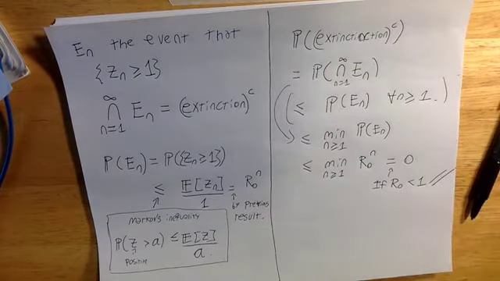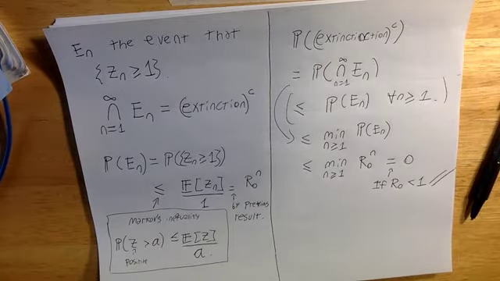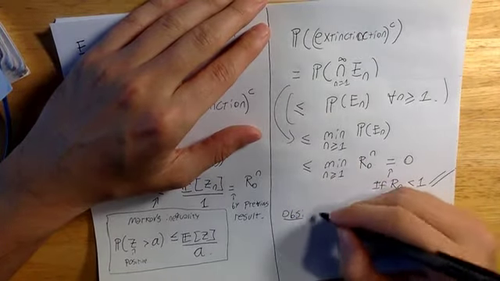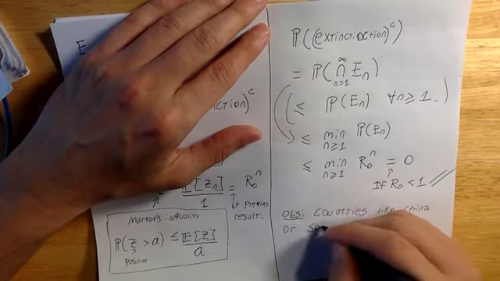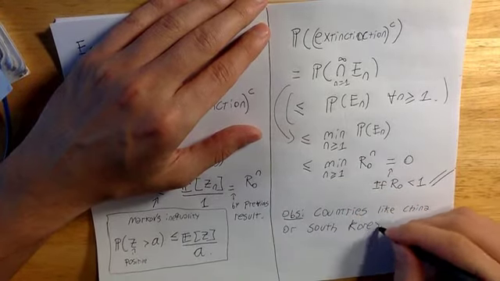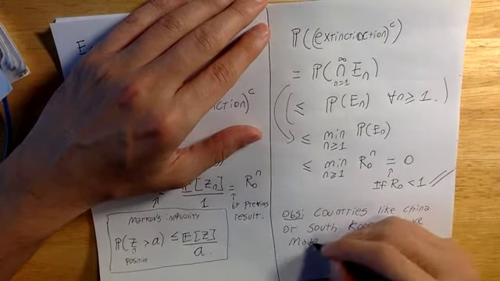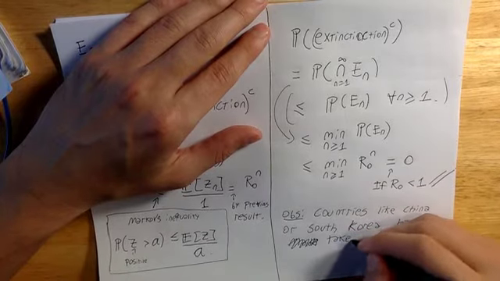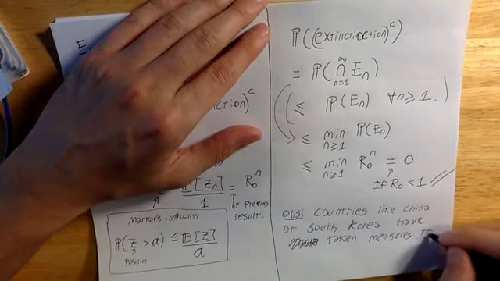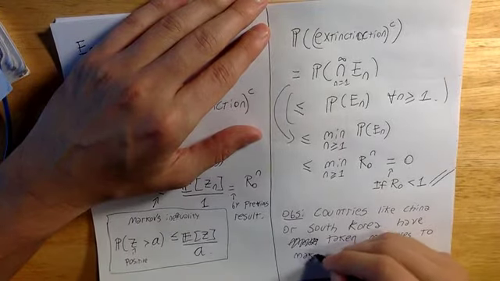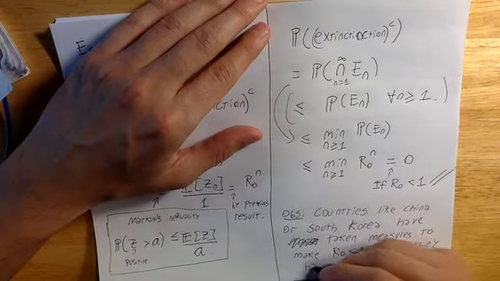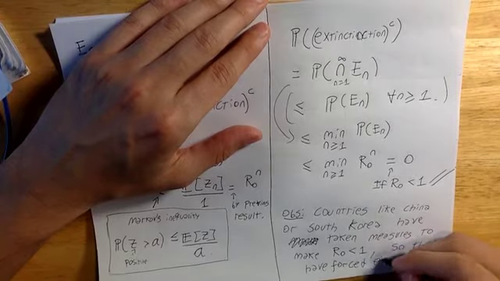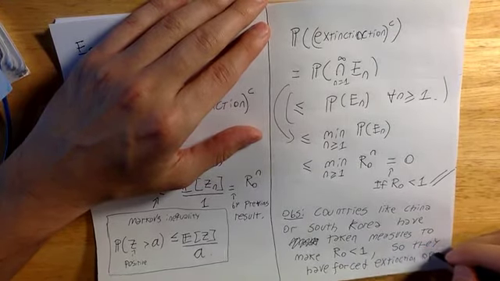Okay, so this is an observation: countries like China or South Korea have taken measures to make R0 less than 1, so they have forced extinction of the virus.